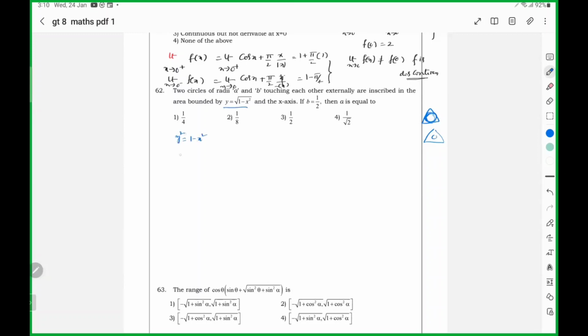Once you square it, you get a unit circle. So in this unit circle, we will write plus or minus. The upper part will be this, lower part equation is this. But he has given the upper part.